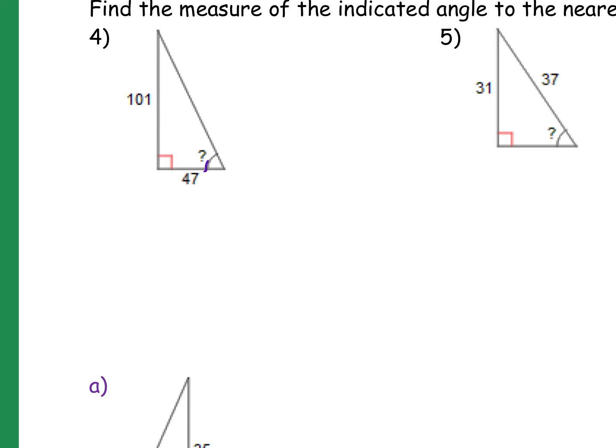We have my angle, which I'm going to change up. I'm going to call it y. Is that okay? Yes, it is. I don't have my hypotenuse, but I have my side opposite and my side adjacent. So I know that tangent of y is going to equal 101 over 47.